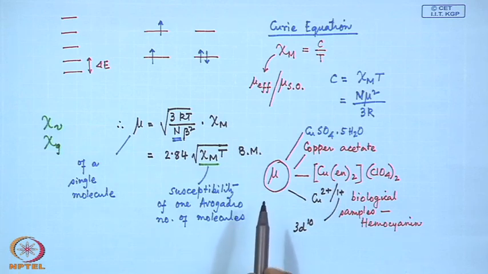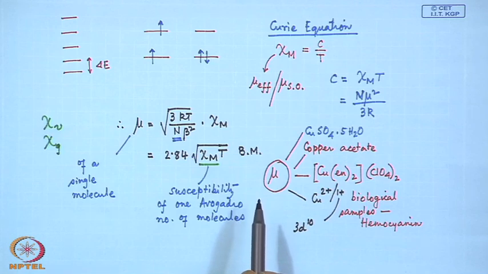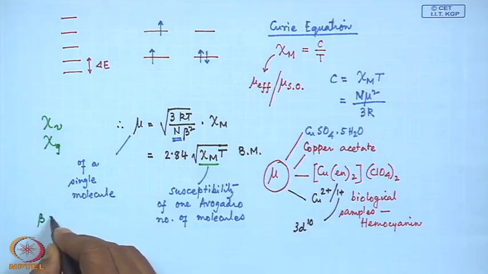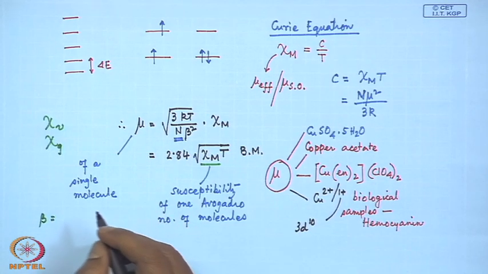So, we have the typical constant, the Bohr magneton, the beta value. We can have SI units and non-SI units.